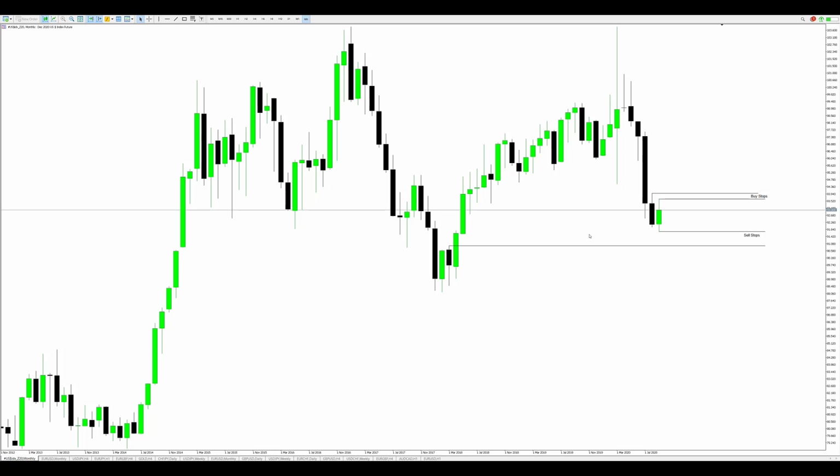If we're in a market maker sell model, what do we need to look out for? We need to look for price to trade back to premium areas, where we're going to be hunting for what? For short trades.